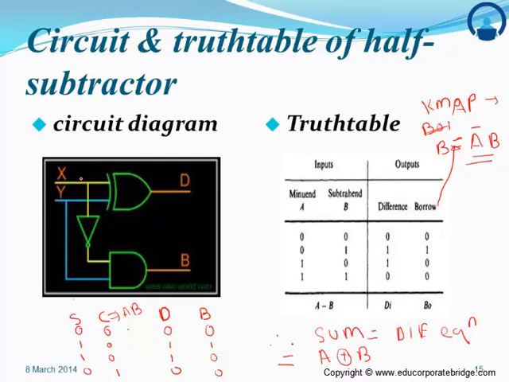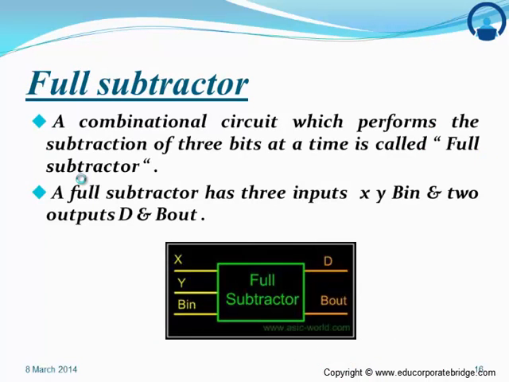Since this was a 2-input half subtractor, now let's study the full subtractor, which has 3 inputs. One is the minuend, the other is the subtrahend, and the third one is the previous borrow. A combinational circuit which performs the subtraction of 3 bits at a time is called a full subtractor.